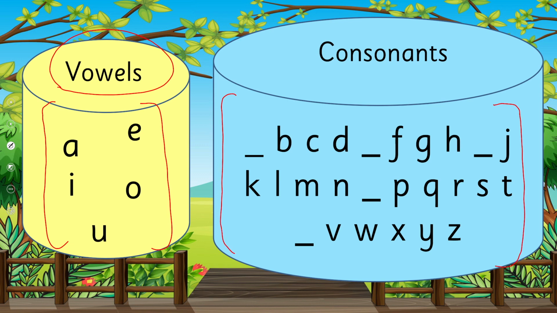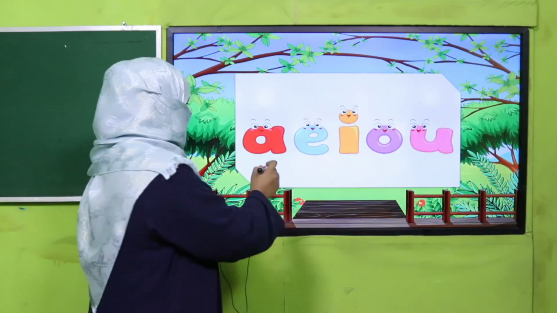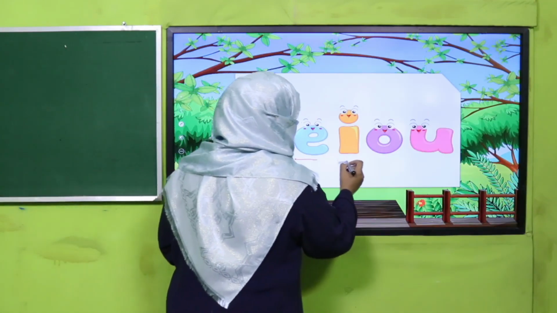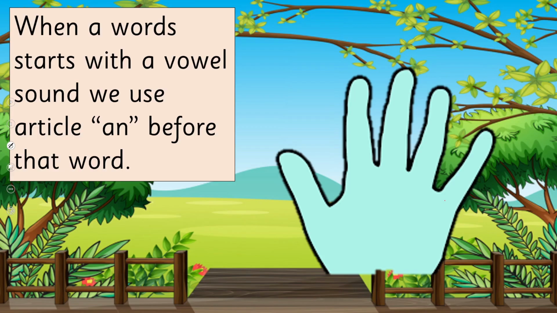So altogether there are 26 letters, and when we take these 5 sounds separate, the rest 21 are consonants, right? So these A, E, I, O, U are vowel sounds.